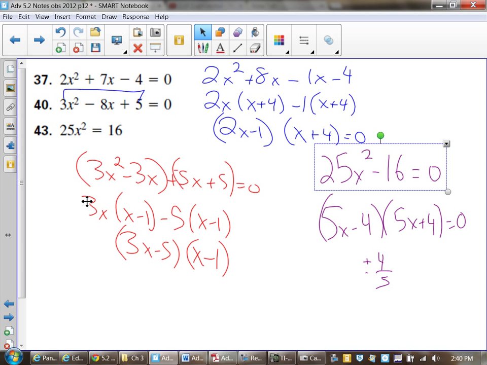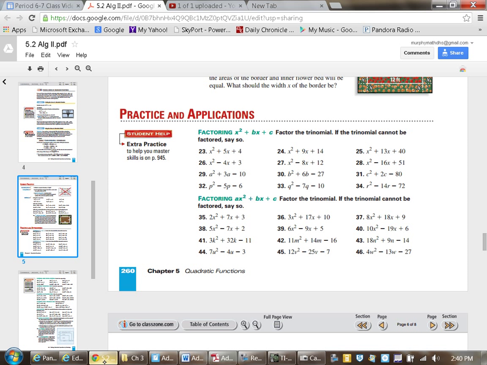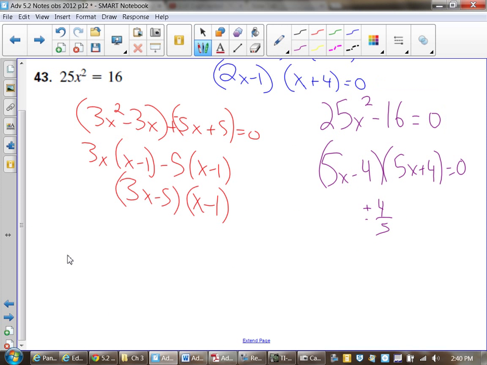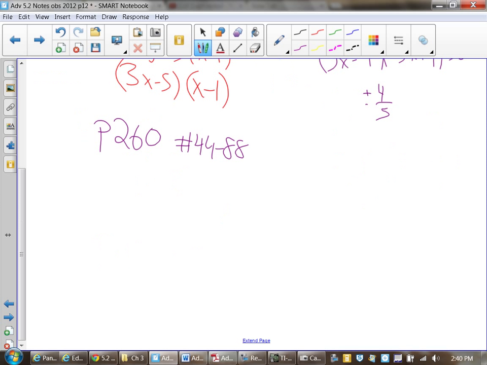What I want you to work on tonight starts on basically the same page, 260. We left off basically at 44. So page 260, 44 to 88, every other even. Then 93, 94, 99, and 101.